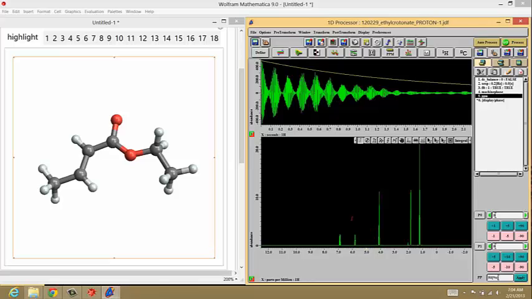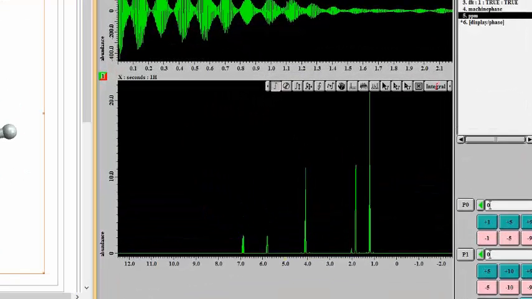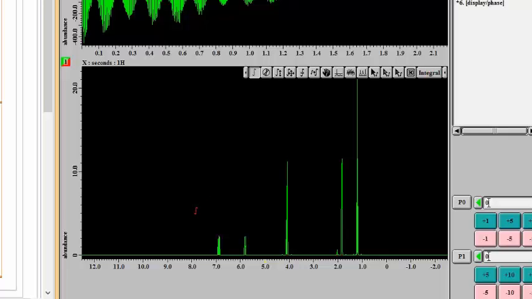If you have the Delta software, notice how my cursor looks like a little integral sign. That's because the cursor is currently on the integral feature. If I hold down the Shift key, it changes to a magnifying glass. And the magnifying glass allows me to zoom into different regions.